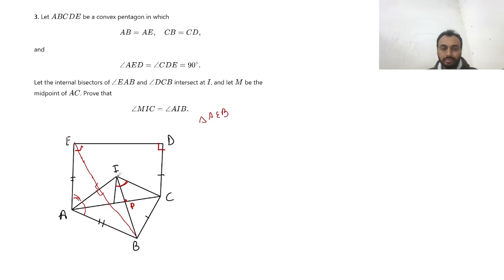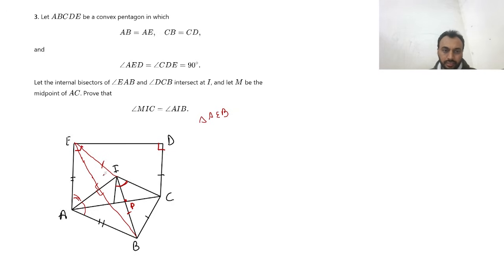So if I connect IE also, we can say that IE is equal to IB, because I lies on a perpendicular bisector of EB.